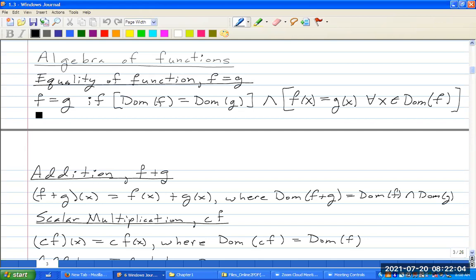So I always say f is equal to g if these conditions hold. But we really don't mean the word if. We mean the word if and only if. So we mean that this statement is equivalent to the other statement. So even though we're saying if, it's really an if and only if. It's an equivalence that this notation is equivalent to whatever conditions we give.